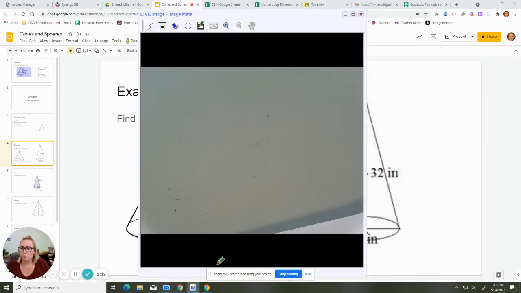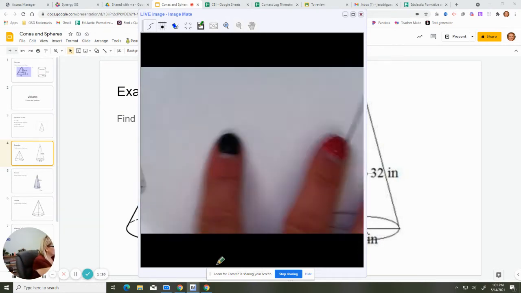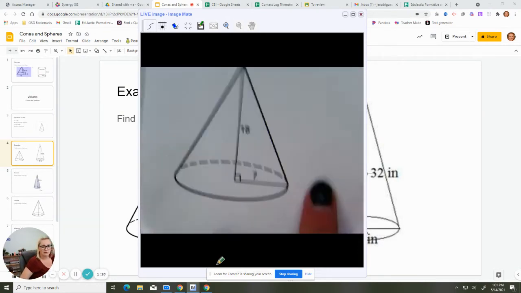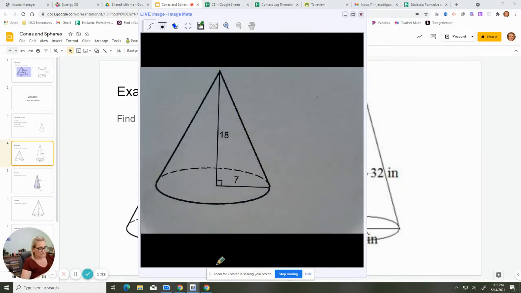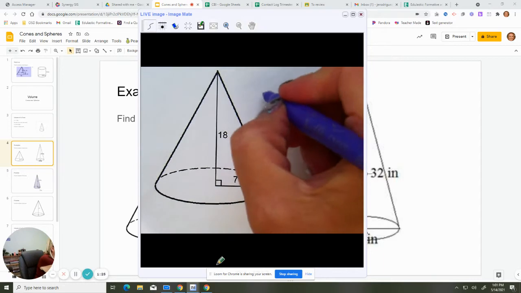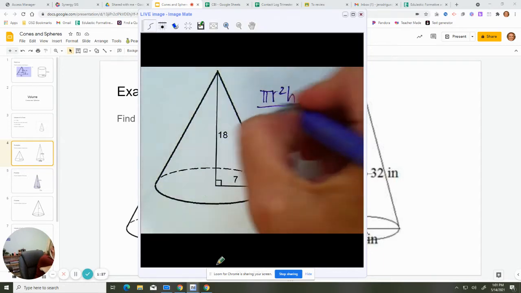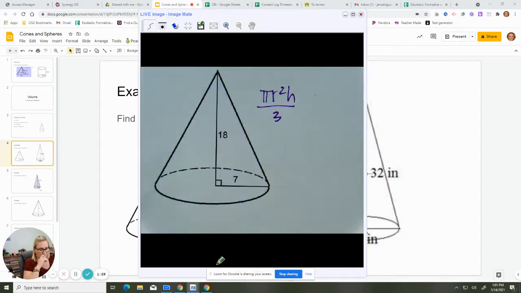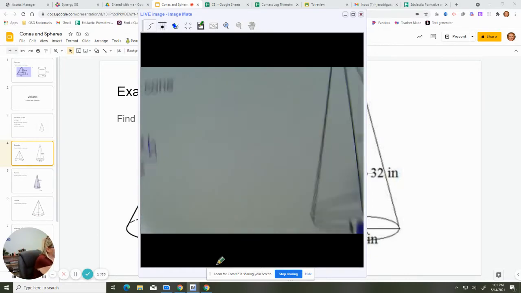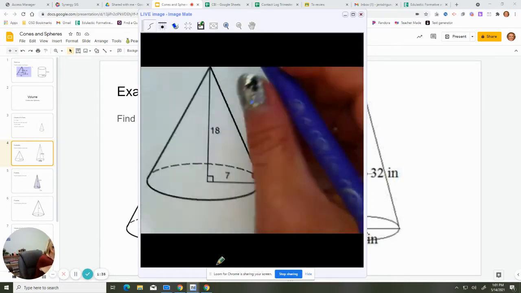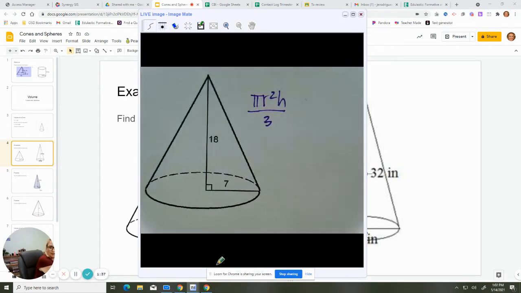So let me go ahead and pull up my other screen. We're going to start here first with the one that is going through the radius. Okay, so I'm just going to, again, write our formula. So pi r squared h divided by 3. Okay, so we know that we're going to use 3.14 for pi.